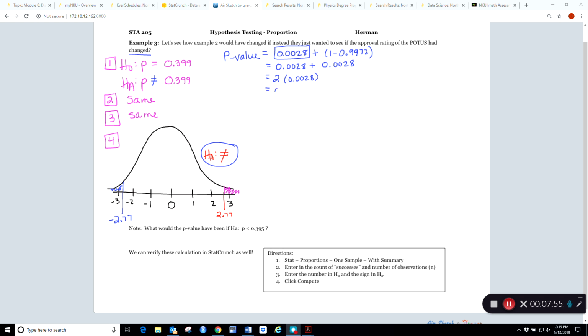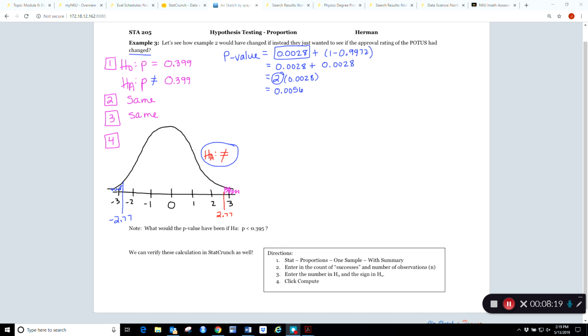And since a p-value is a probability, it does have to be between 0 and 1. So if you accidentally doubled the wrong piece, you would kind of know. So the 0.0056 would be our p-value. So that is different than what we had. We have this double the p-value going on because of it being two-tailed.